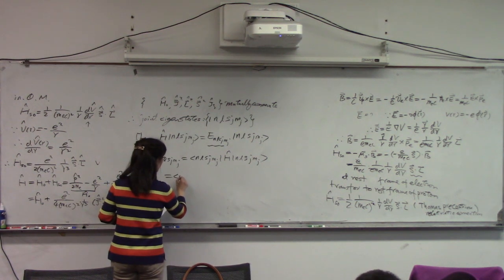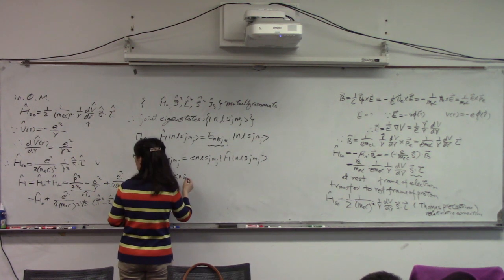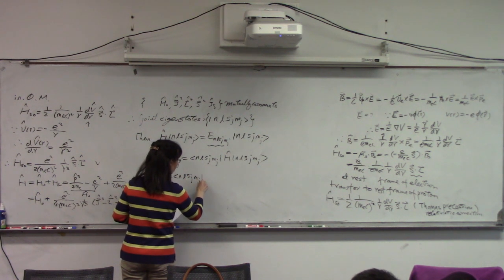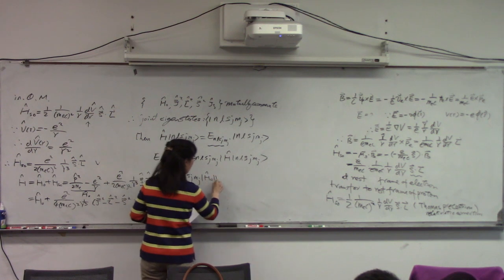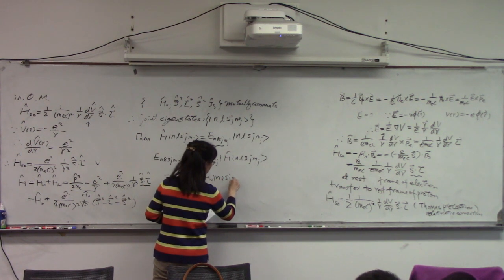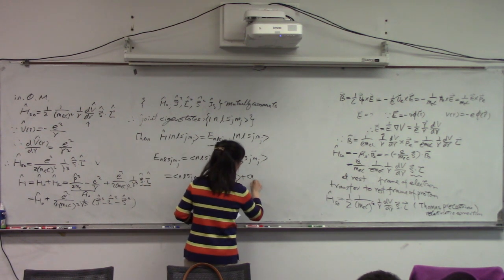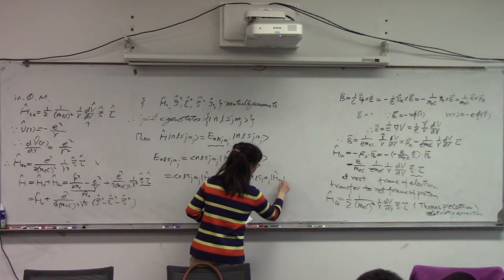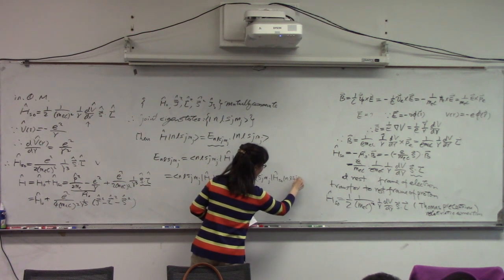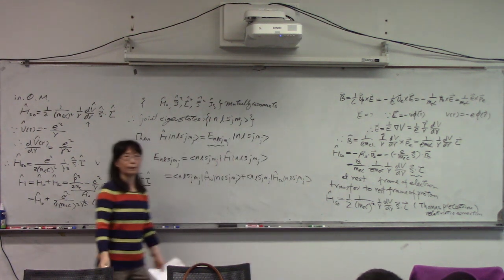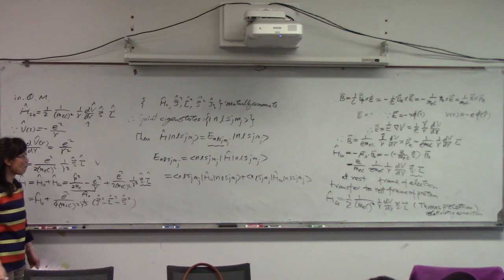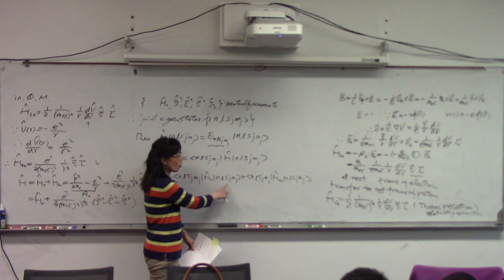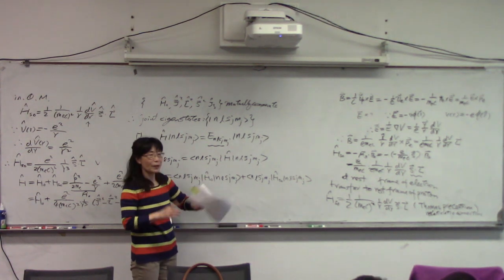Then we have each individual term, H naught and H_SO, right? Two terms, so let's look at the two terms: the matrix element of H naught plus the matrix element of H_SO. For the first one, we know H naught does not depend on l, s, j, and m_j. It only depends on the quantum number n, right?